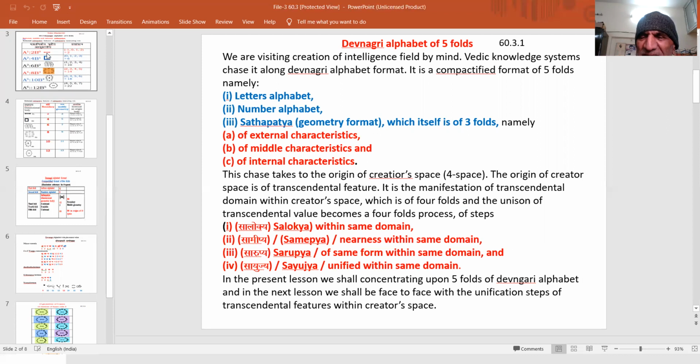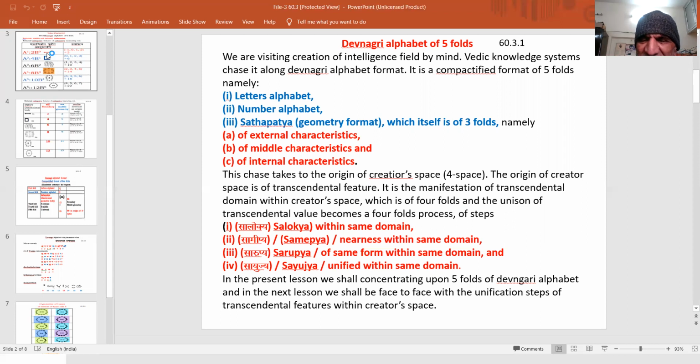These 4-fold processing steps of unification of transcendental features lively at origin with the 4-fold manifested domain are: number 1, Salokya, that is being within the same domain; Samepya, that is nearness within the same domain; Sarupya, meaning of the same form within the same domain; and Sayujya, meaning unified within the same domain.